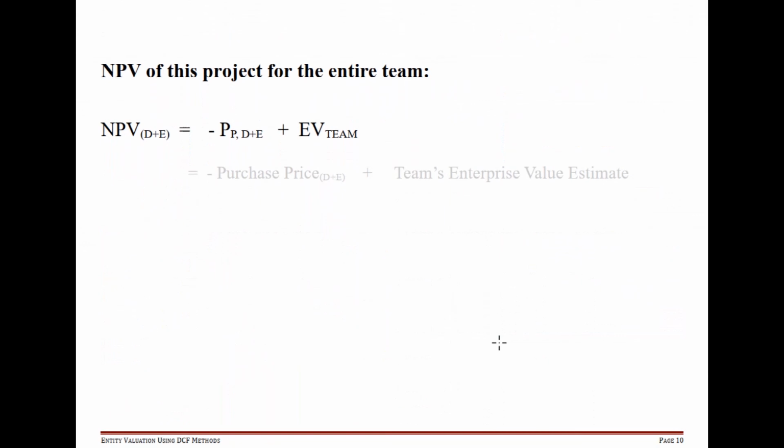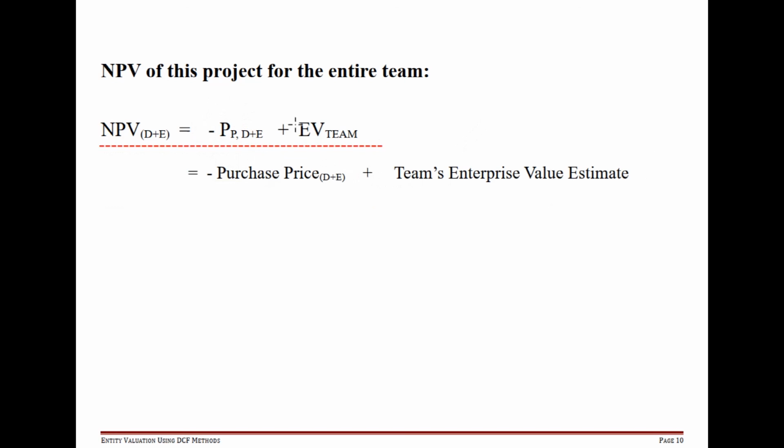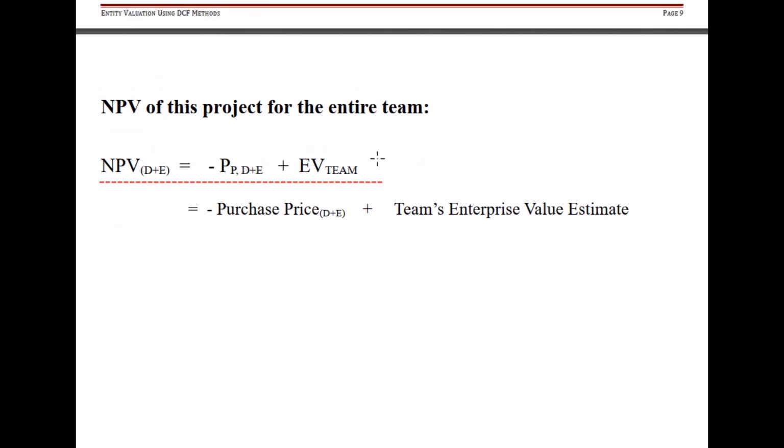And so with all that in our pocket, the NPV of this project for the entire team, the debt and equity team, is simply the total purchase control price that we're going to have to pay at T equals 0. That's why that is negative. Plus the enterprise value, our team's estimate.